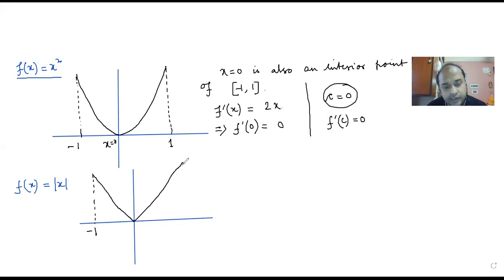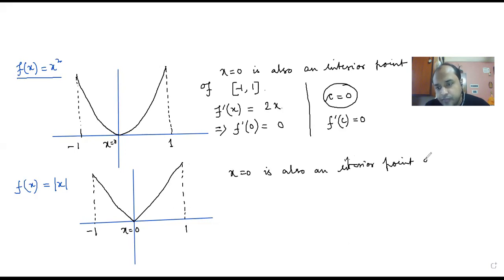So here also the situation is same, except the form of the function. x equal to 0 remains an interior point of the domain, but f dash 0 does not exist.